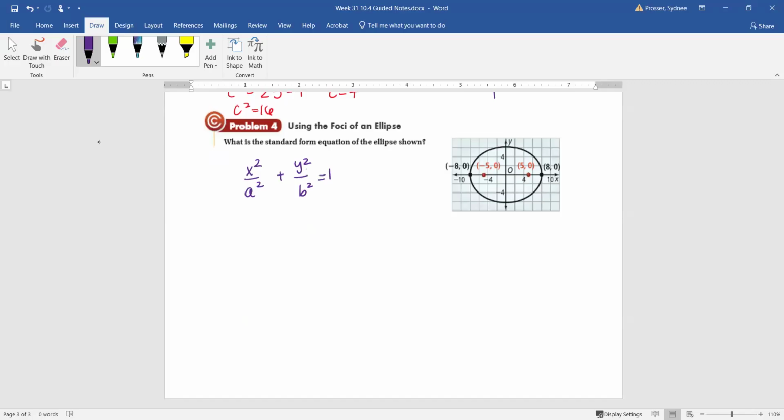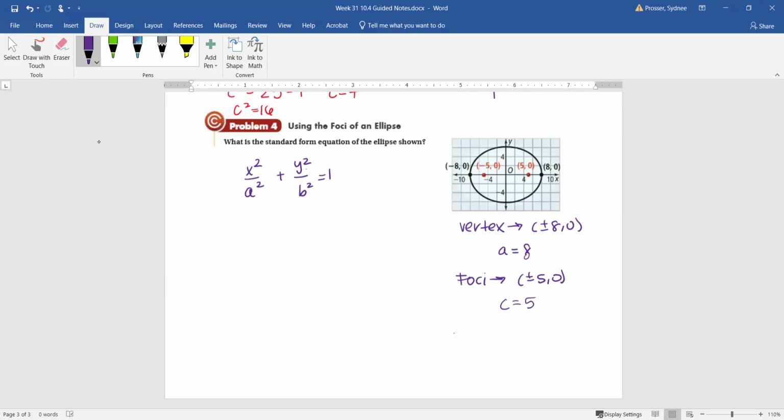I can tell my vertices are at plus or minus 8, 0. So that tells me my a value is 8. So that's helpful. And then they also give me my foci are at plus or minus 5, 0. So that tells me my c value is 5.